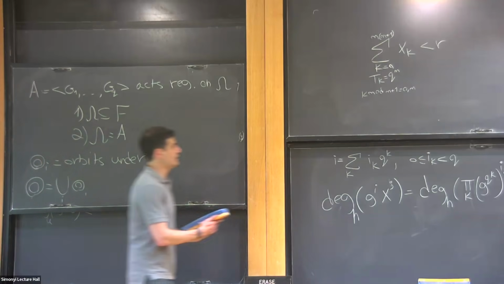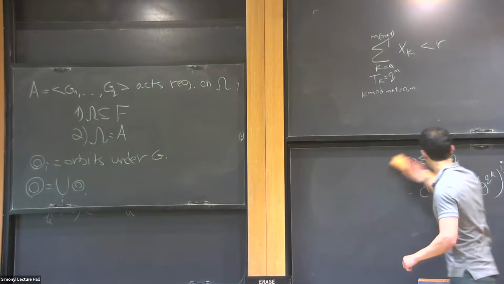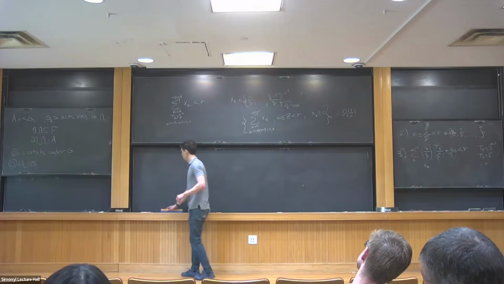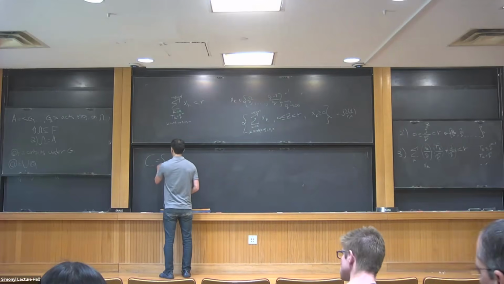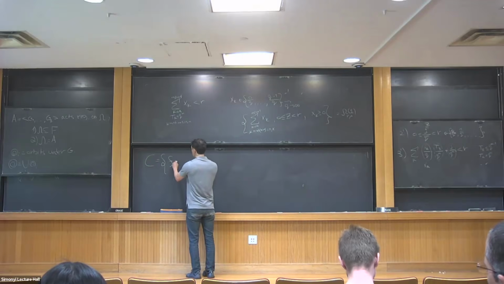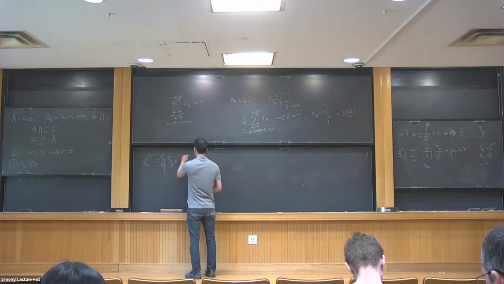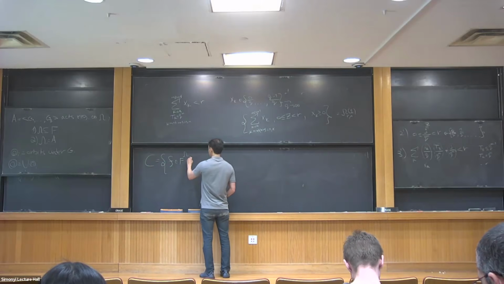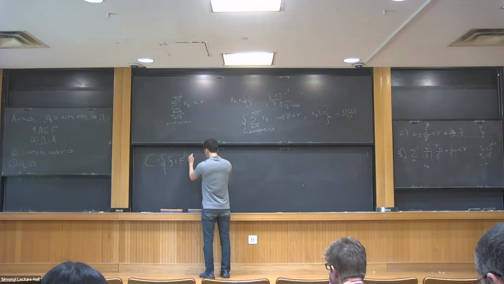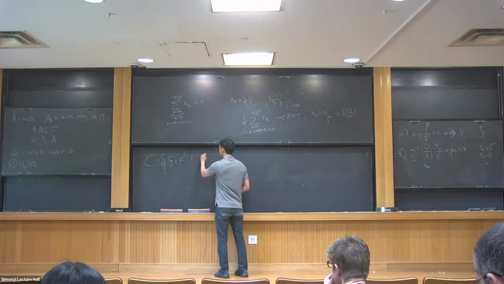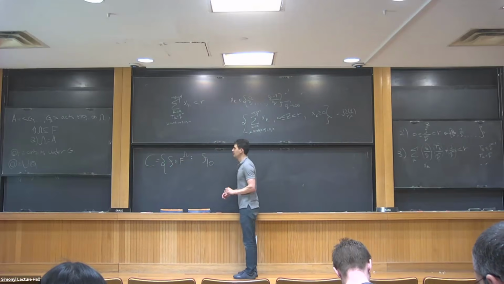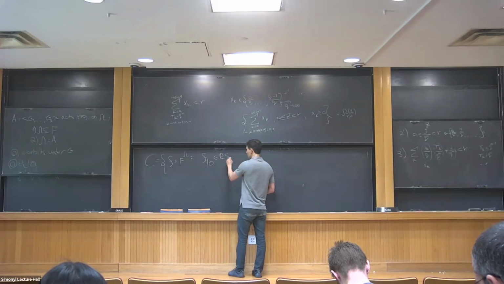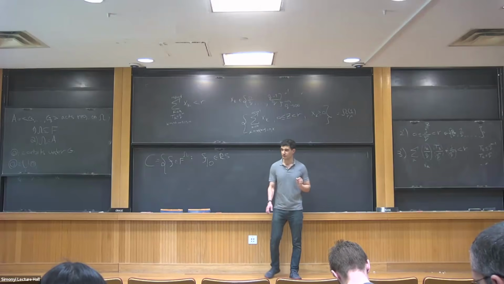And then what is the code? The code is all functions from the set omega to some field F, such that the restriction of f to an orbit is a codeword of a Reed-Solomon code.